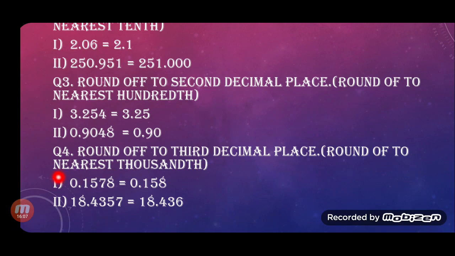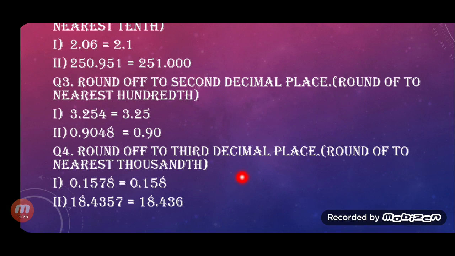Another example, my dear students, 18.4357. Which number do you have to round off? It is 4 upon 10, no. 3 upon 100, no. 5 upon 1000, yes. So we have to round off the 5. Just see the digit near the 5, the right side digit, that is the ten-thousandths.